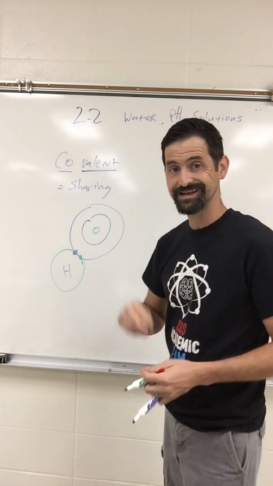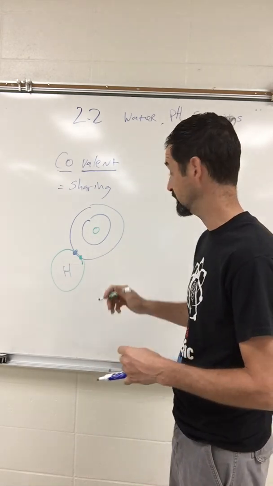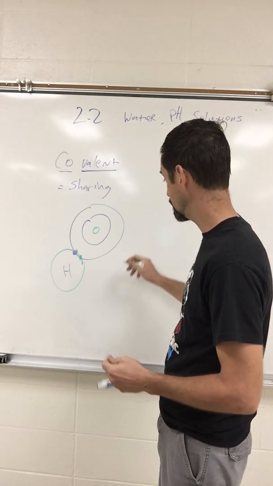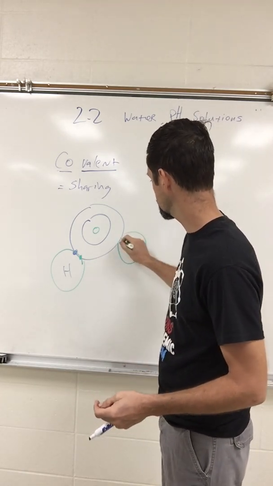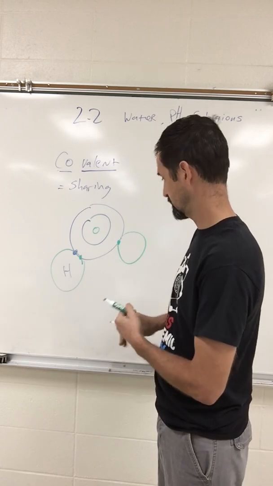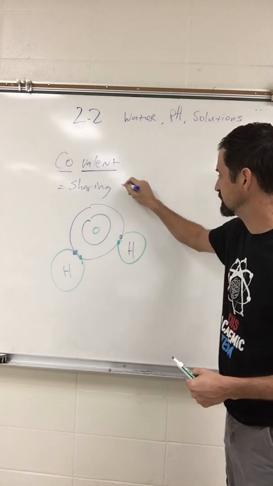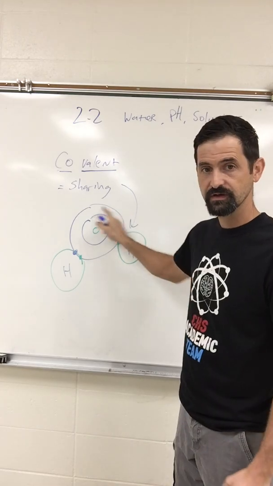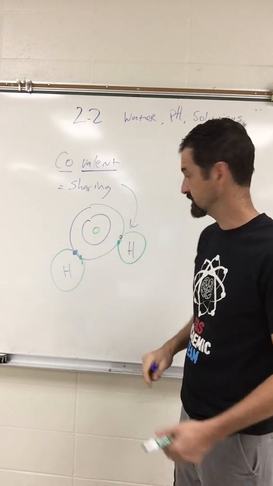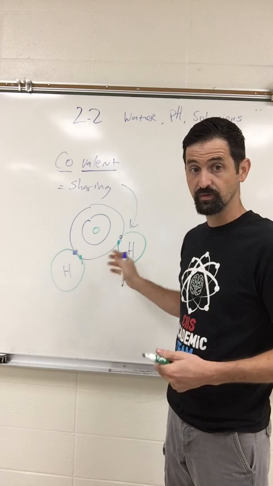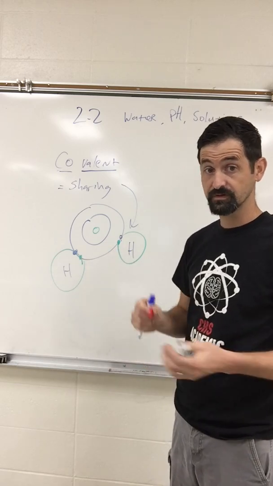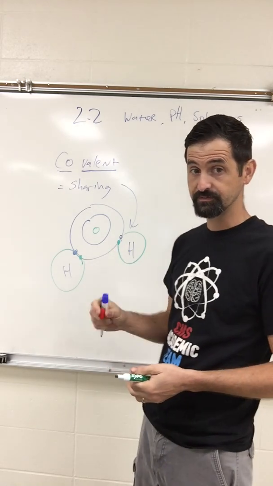In fact, since oxygen has two unpaired electrons, it wants to pair up with two other electrons, and then we get sharing. These electrons spend time in both of these energy levels, or in both of these molecules. That is called a covalent bond.